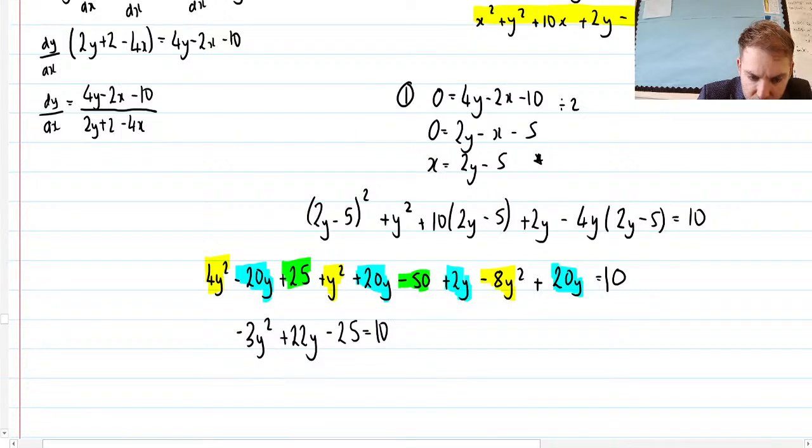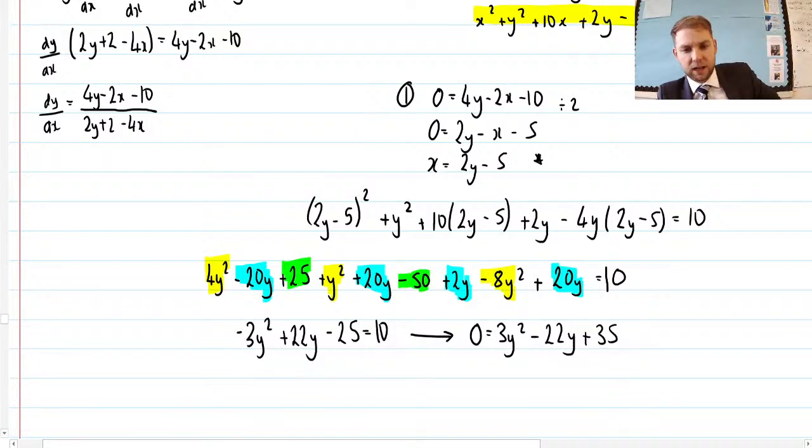Let's take everything over to the other side. So 0 is equal to 3y squared minus 22y plus 35. Type that into our calculator to find out what our answers are.